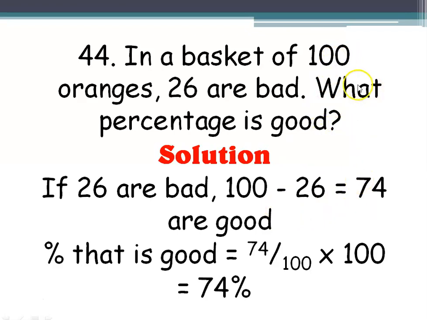But supposing it was not 100 oranges you have, that's why we have to go through this. So just know that 74 divided by the number of oranges you have times 100, because we are dealing with percentage. This 100 is the 100%. So we have 74% of oranges that are good. Do you understand that? Very good.